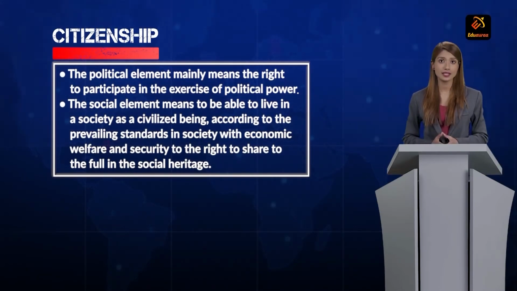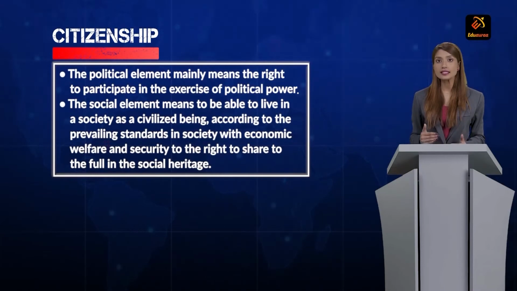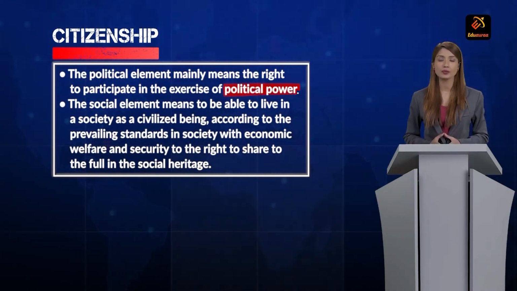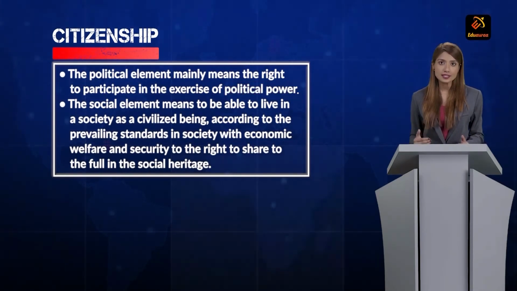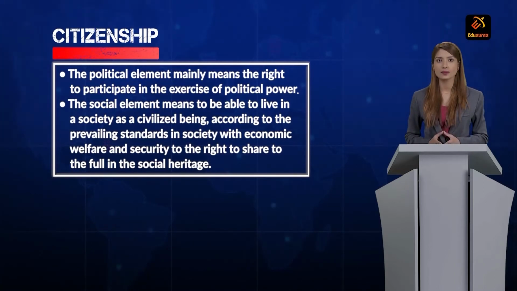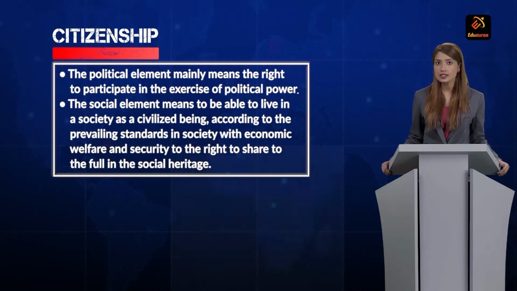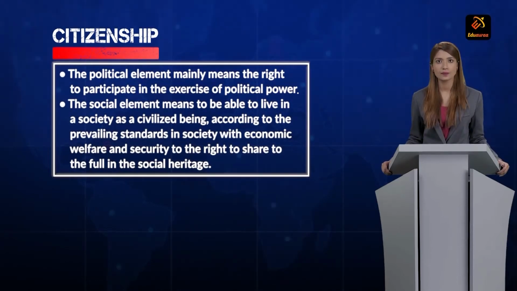The political element mainly means the right to participate in the exercise of political power as a member of a body invested with political authority or as an elector of the members of such body, where the corresponding institutions are parliament, councils of local government, etc. The political element made its appearance in the 19th century, when the civil rights attached to the status of freedom were already at the core of a general idea of citizenship.